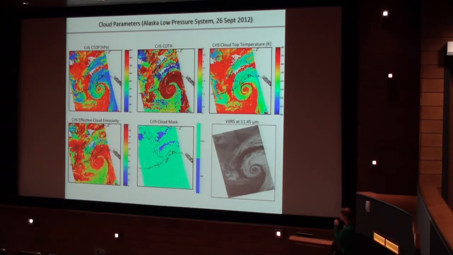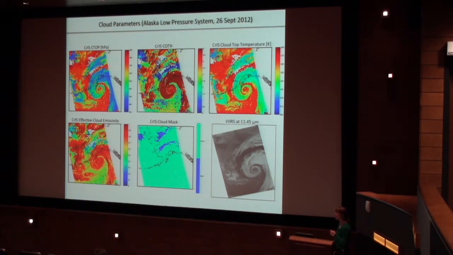I'm comparing this with the VIIRS image in the infrared channel. We see the nice details in the VIIRS imagery, but this is CrIS. We see that all these spatial features are also detected nicely by CrIS, and at the same time, we can add real quantitative values to the scene.